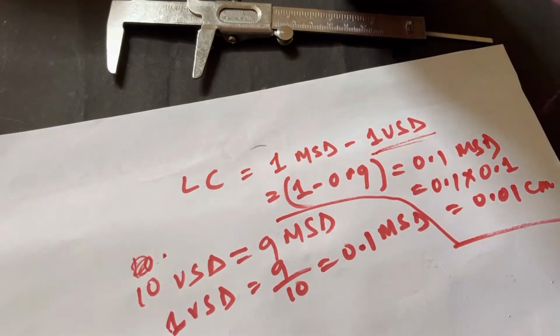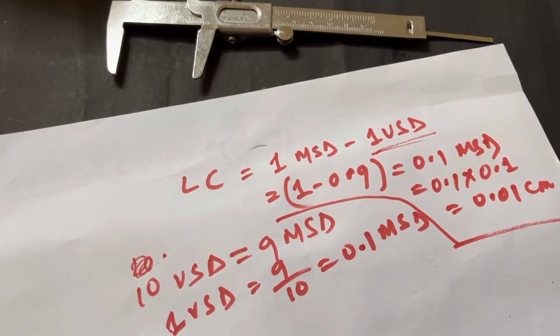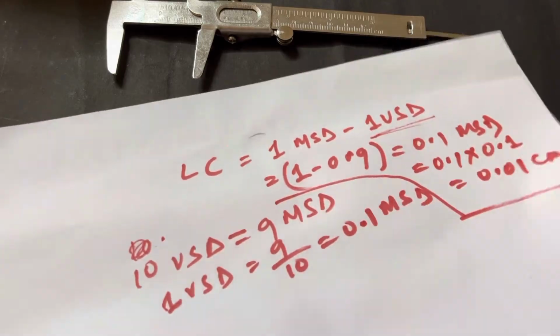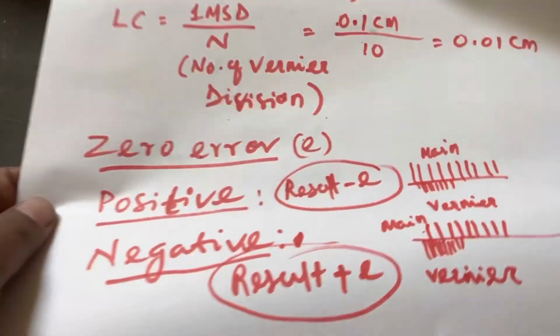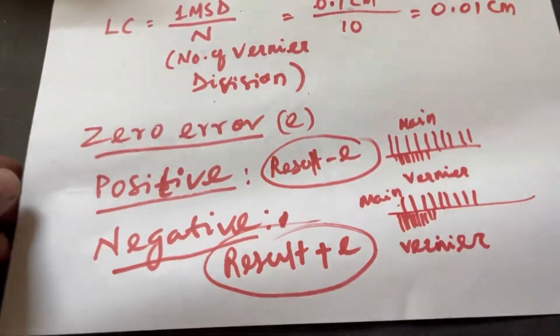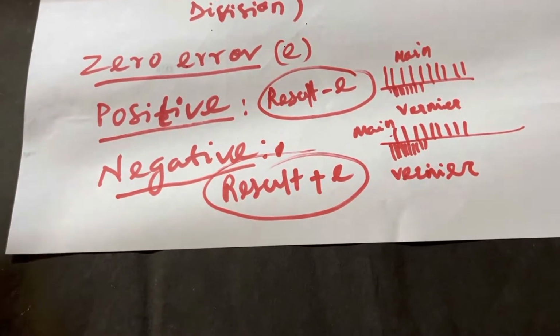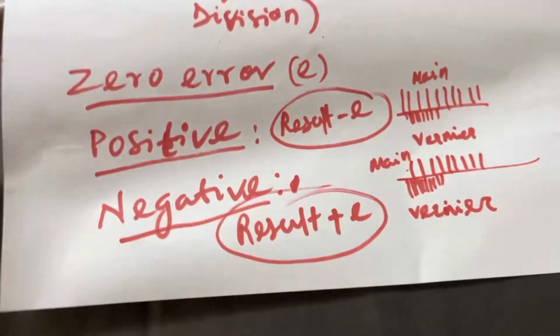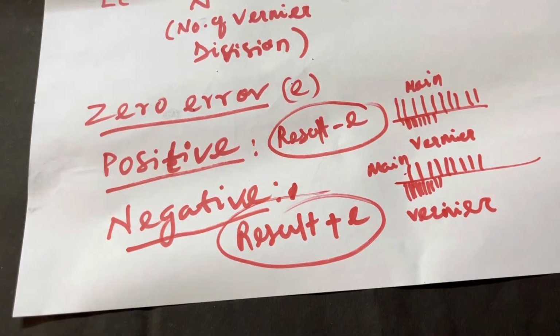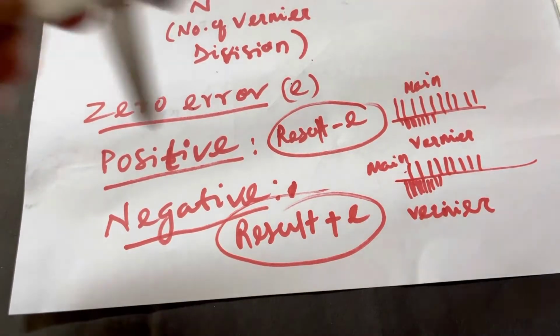Okay, so this is how you will calculate LC, and I have explained what the meaning of LC is. Now let us go to the zero error part, which is also a very important part of your calculation. In zero error there are two types: one is positive, negative, and the other is no zero error.